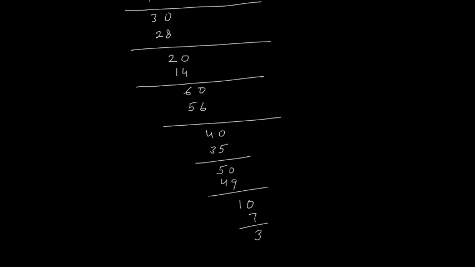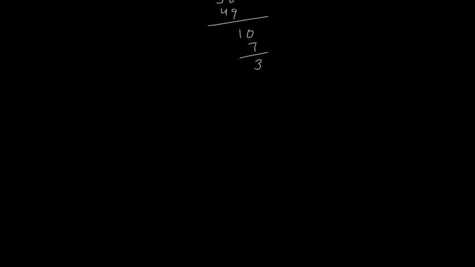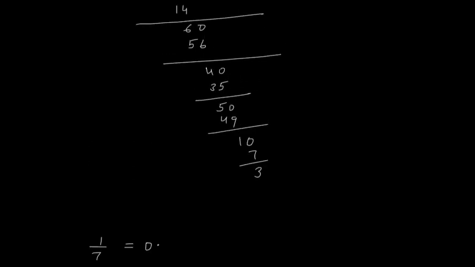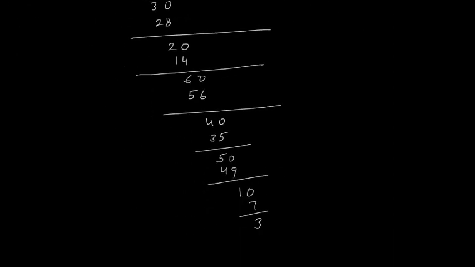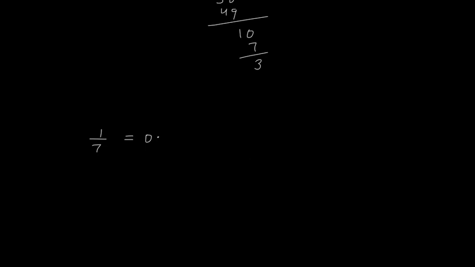So that means when I divide 1 by 7, I will get the answer as 0.142857, and then the same digits are repeating, so I will use a bar over it.